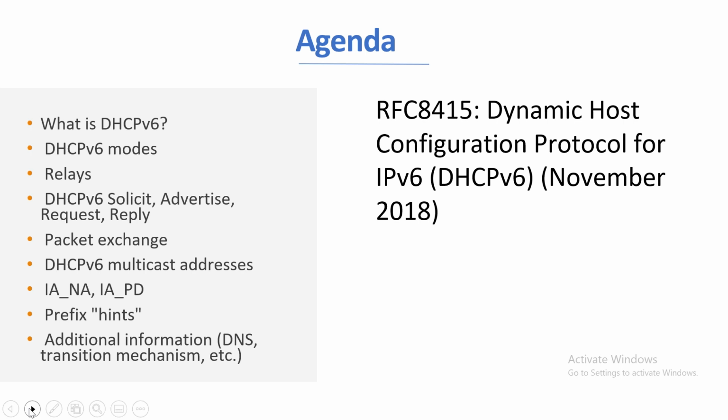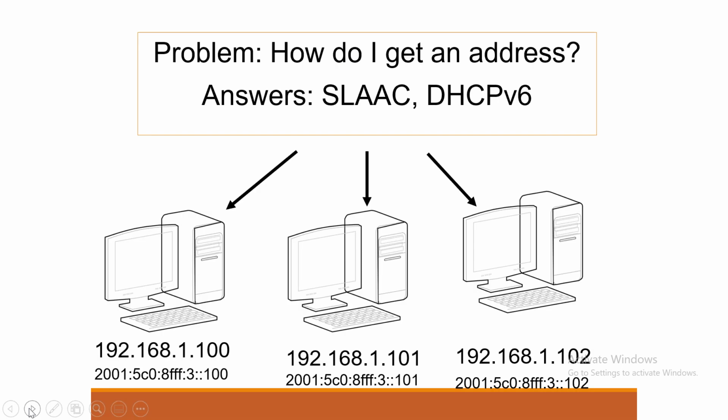The problem that DHCP and, of course, DHCPv6 wish to solve is: how do I get an address? And of course, now we know that we can have not just one address per interface, but potentially multiple addresses per interface. So how are we going to manage all the things that are in our toolbox?